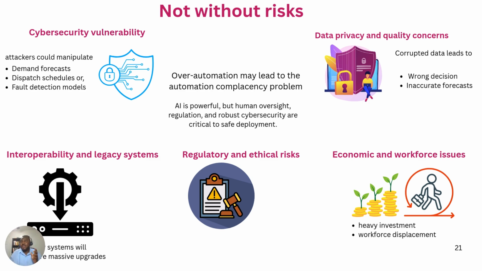So let's look at some of the risks. Cybersecurity vulnerability, right? Attackers could manipulate demand forecasts, and they could also manipulate dispatch schedules and fault detection. This is very critical, because if we make data more accessible to any AI model, and somebody is able to hack into it, they could change some of these things.